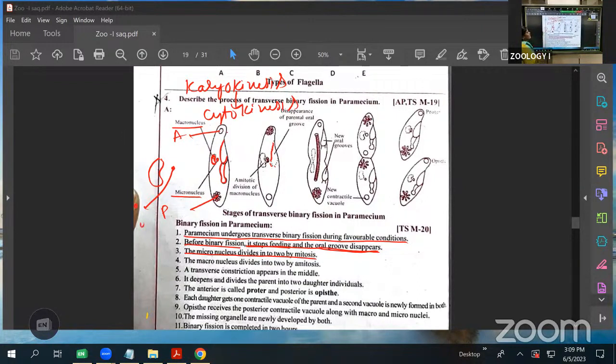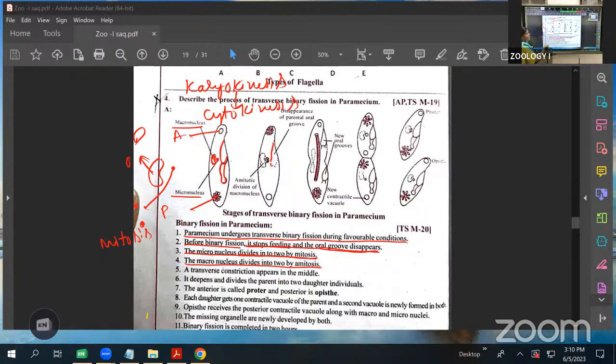Unequal division, where one is big and one is small, we call amitosis. So the micronucleus divides into two through mitosis. Next, the macronucleus divides by amitosis, unequally.